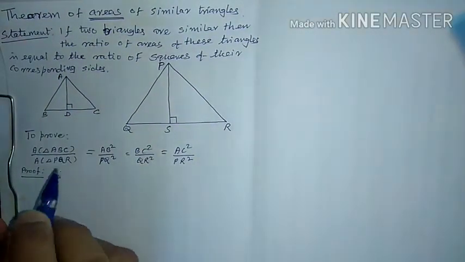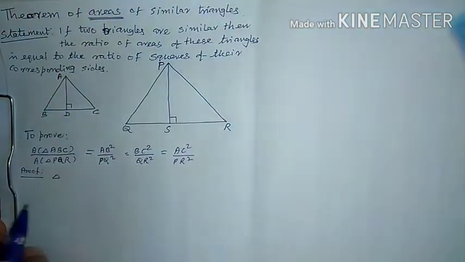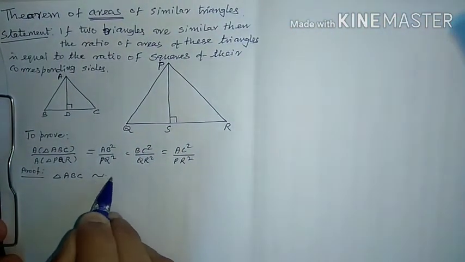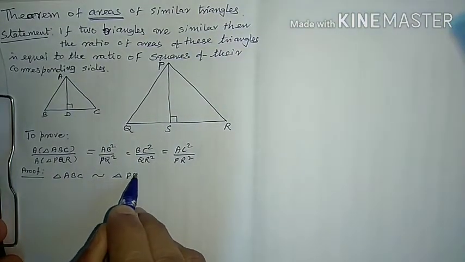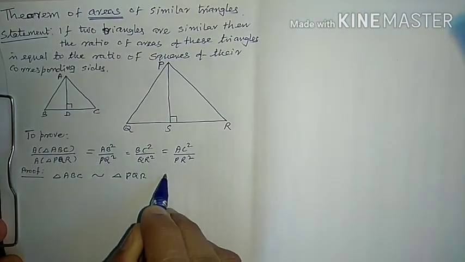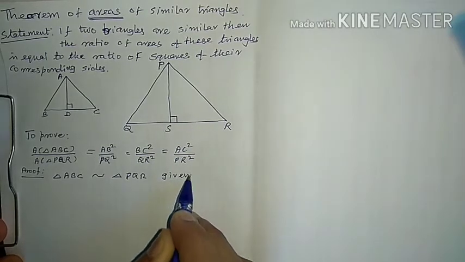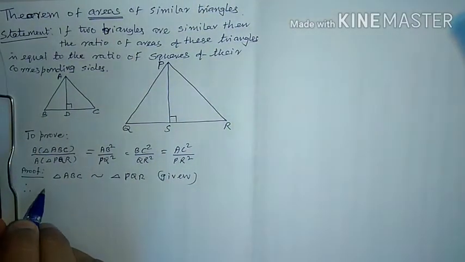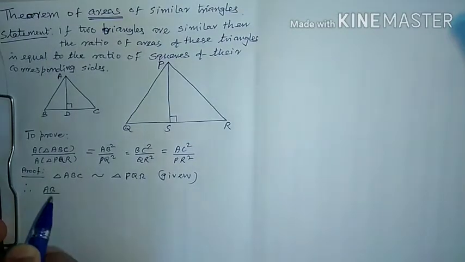The proving part. We start with triangle ABC similar to triangle PQR, this is given. Therefore, what happens? We go for sides first.